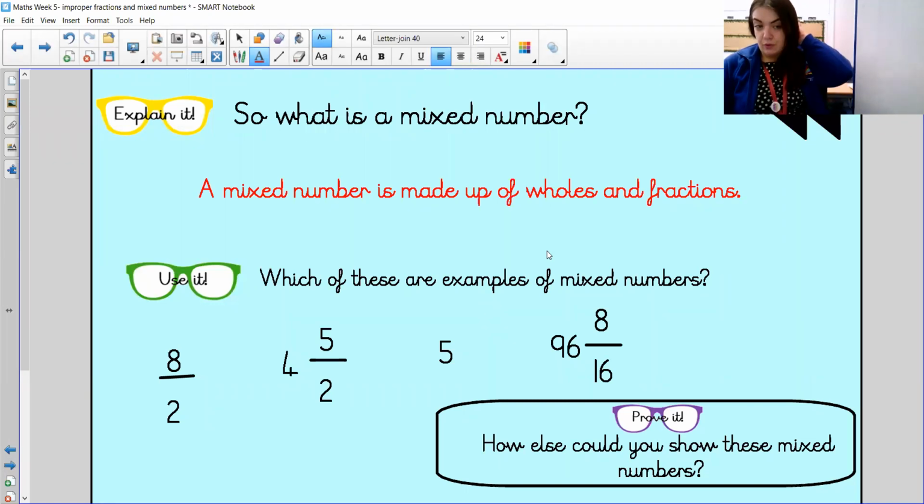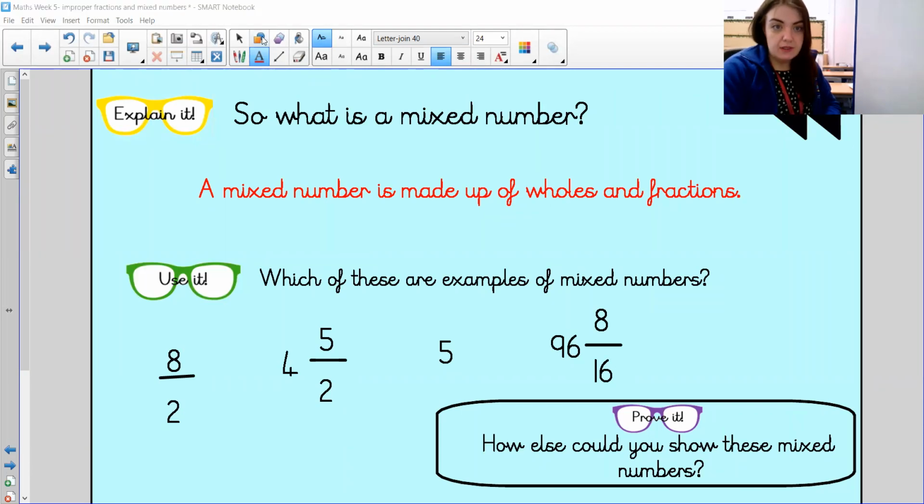How else might you be able to show, or is there any that you could turn into a mixed number? So once you found the ones that are a mixed number, is there any others that you could have a go at turning into a mixed number? Start to explore it. Brilliant. So I'm hoping you've had a little reflect on that now.